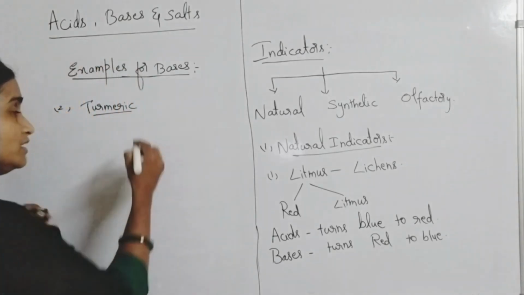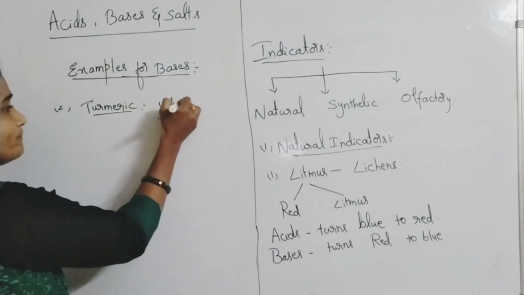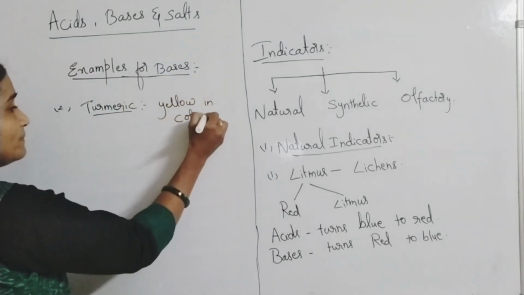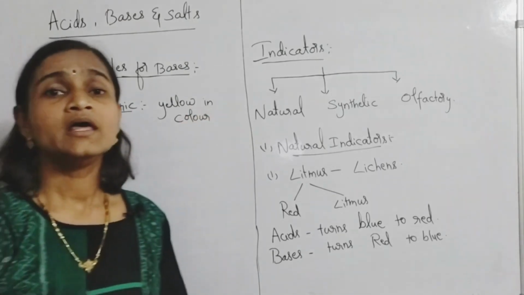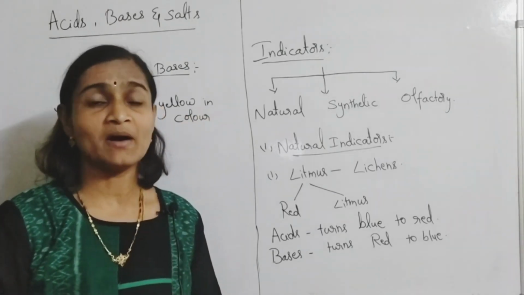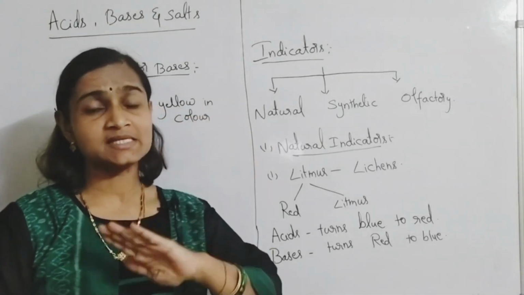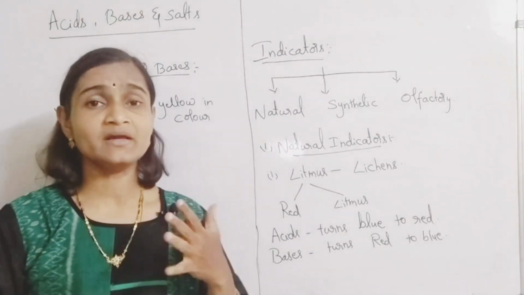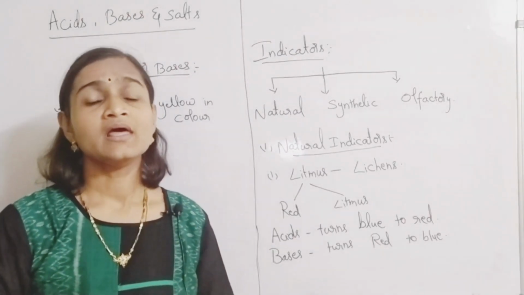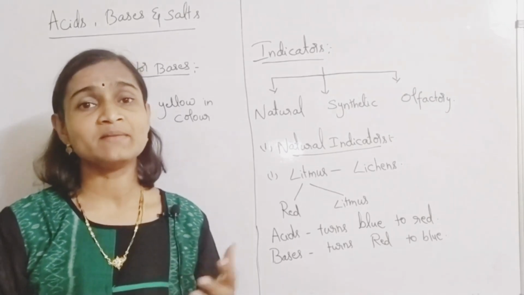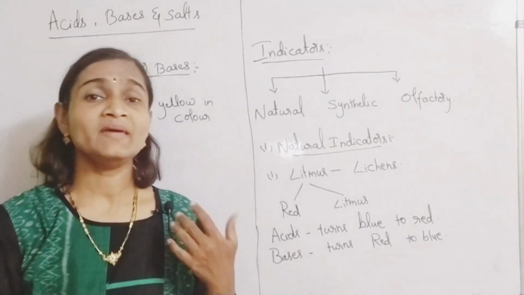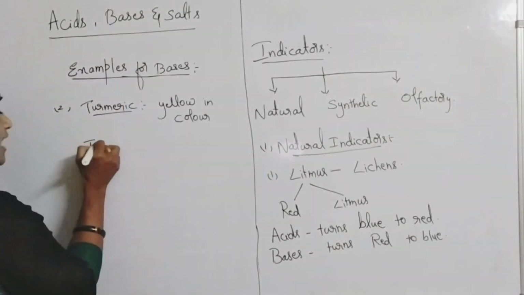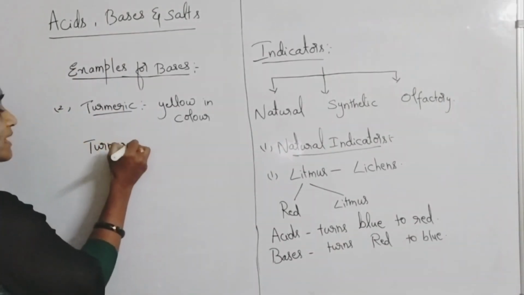So if you make a turmeric paper, it means if you make a paste of turmeric powder and apply that paste on a paper, then test that turmeric paper with acidic and basic solutions.